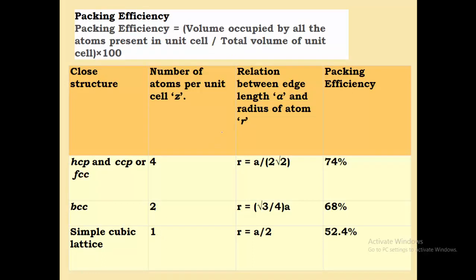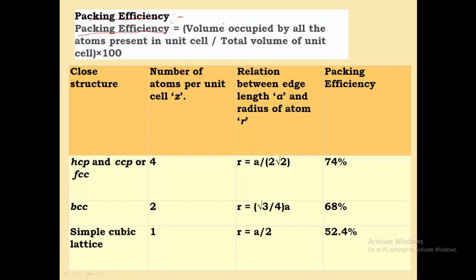Next, packing efficiency. As you know, in solids the particles are arranged closely. Close packed arrangement is observed in solids, where the maximum number of particles are present in minimum space, and how efficiently that solid is packed by atoms or any constituent particle can be calculated using the formula of packing efficiency.